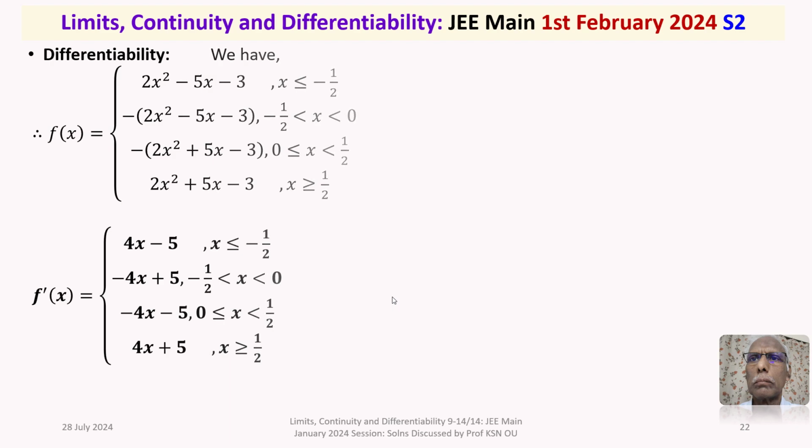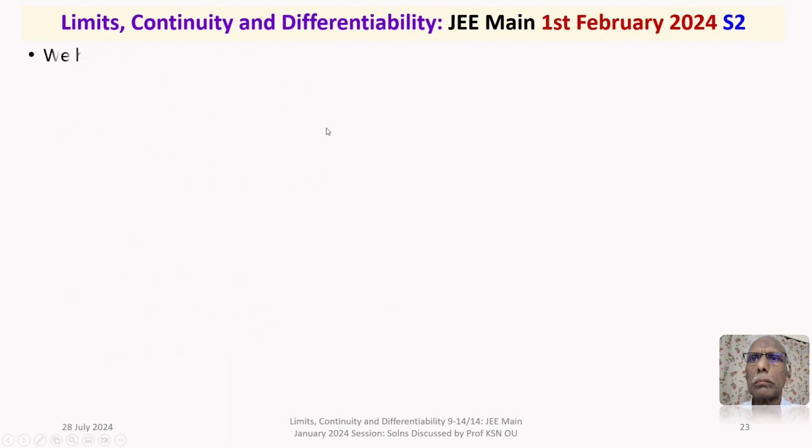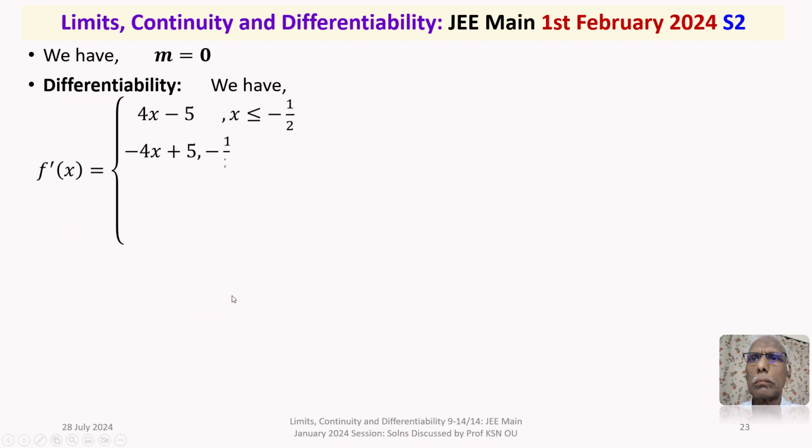Right? So we go to the next slide. We have m is equal to 0. We are talking about differentiability. We have f prime x here. Now this f prime x exists everywhere except possibly at x is equal to minus 1 by 2, at x is equal to 0, at x is equal to half. At these 3 points, we have to discuss its differentiability.